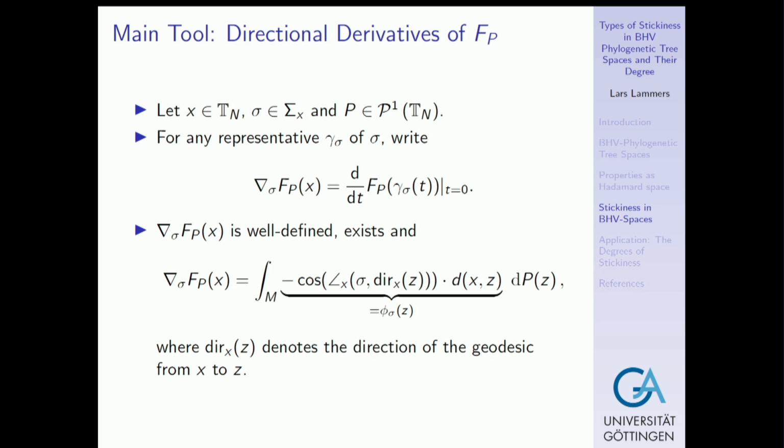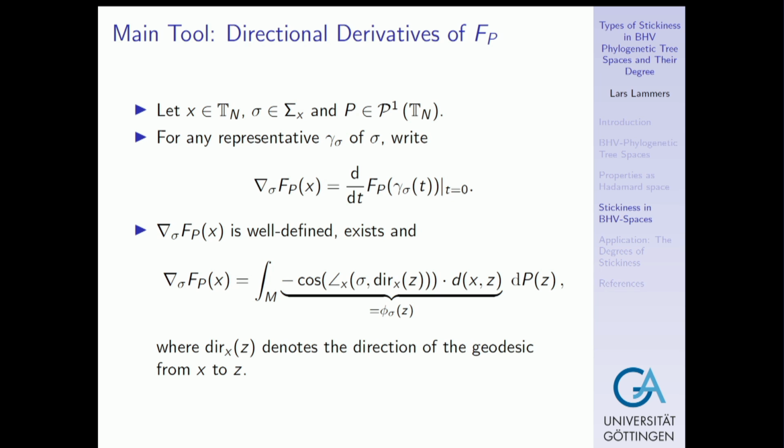The main tool in BHV spaces or Hadamard spaces that we can use: we don't have a nice smooth structure, but due to convexity properties, we can still compute directional derivatives of distance functions. This way we can also do that for our Fréchet function. The idea is that we take a direction and a representative of that direction with unit speed, plug it into the Fréchet function and differentiate at 0.